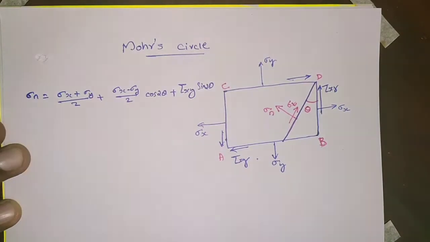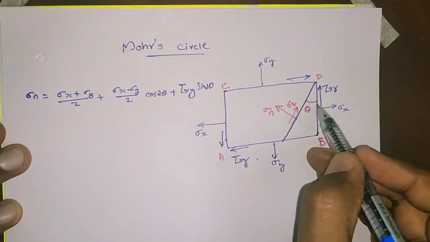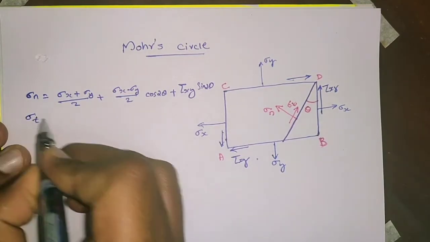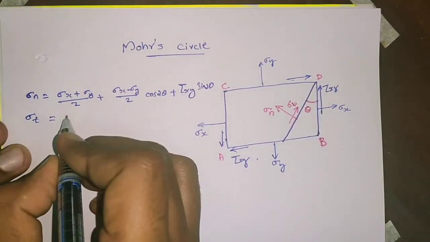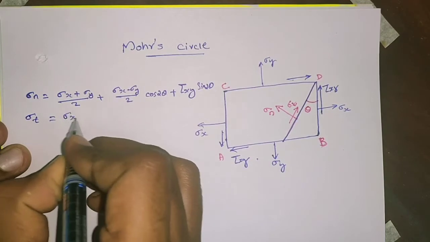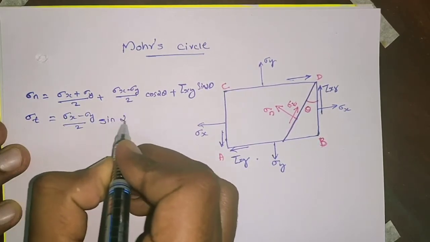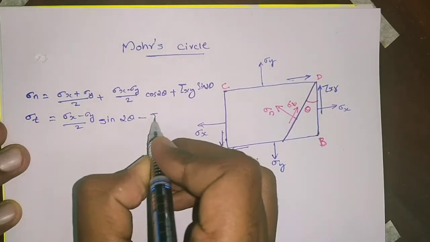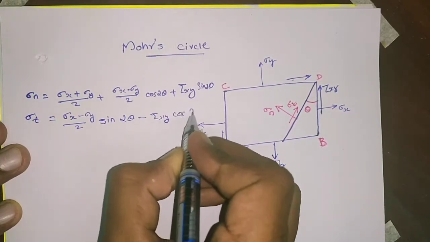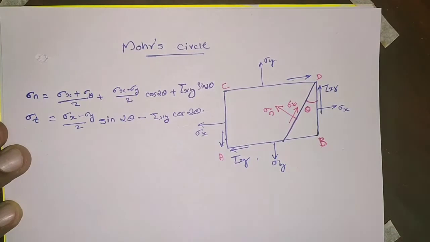This is the formula to calculate sigma n, where theta is this angle. Sigma t can be calculated using sigma x minus sigma y by 2 into sin 2 theta minus tau xy into cos 2 theta. This is the formula for calculating sigma t.